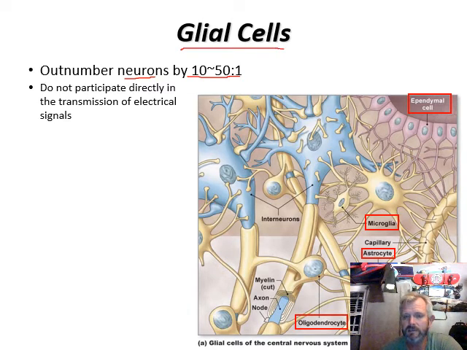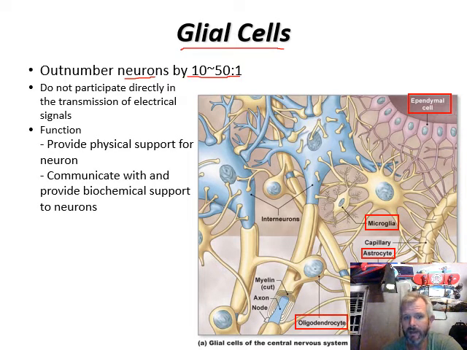Even though they aren't components of the neuron, they are very important in making sure the nervous system is functioning properly. They provide some physical support, help in maintaining nutrients, and maintain the environment around the neurons to make sure that the signaling can take place.